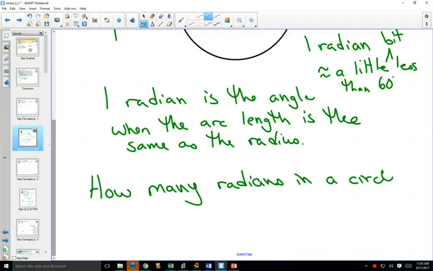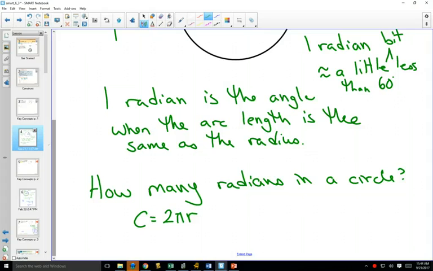How many radians in a circle? 6 and a little bit. And how do we know that it's 6 and a little bit? Well, because if each radian is the same as 1 radius along the outside, we already know our circumference is 6 and a little bit radiuses.